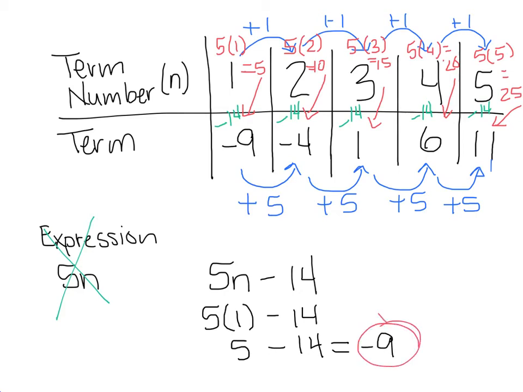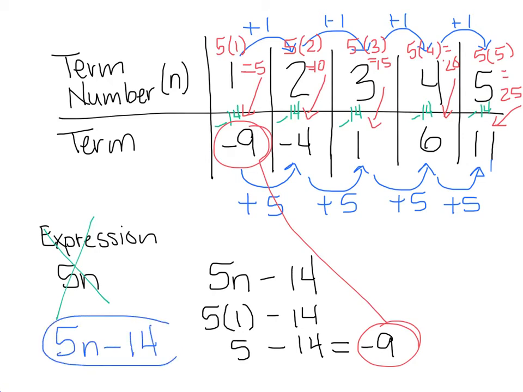It does. This checks out. So I know that my correct expression for this arithmetic sequence is 5n minus 14. And you should be able to find any term that I gave you for this arithmetic sequence.